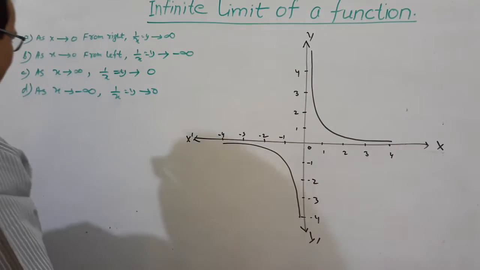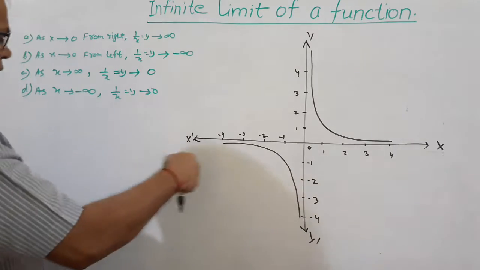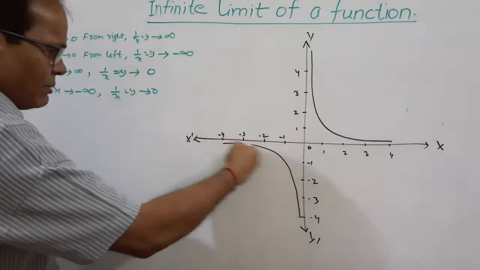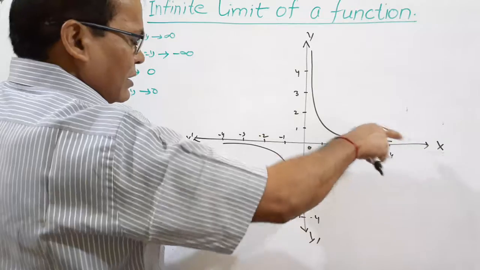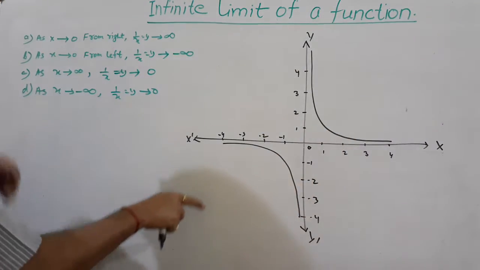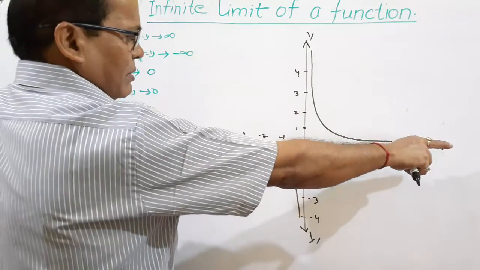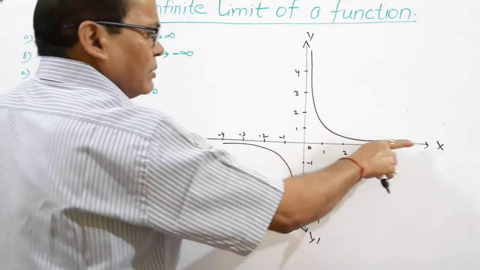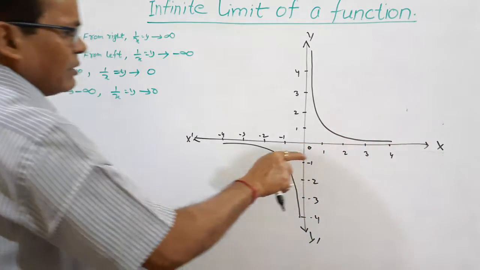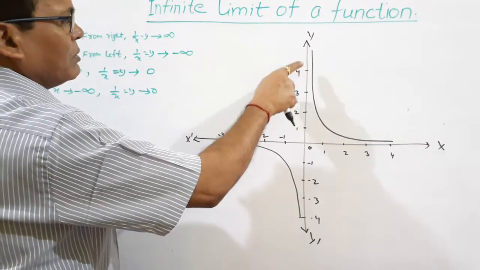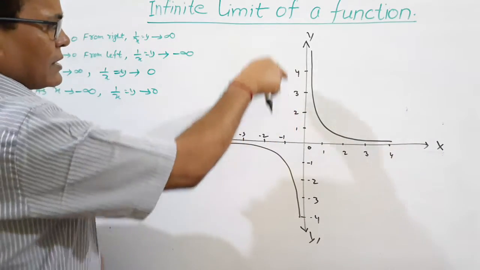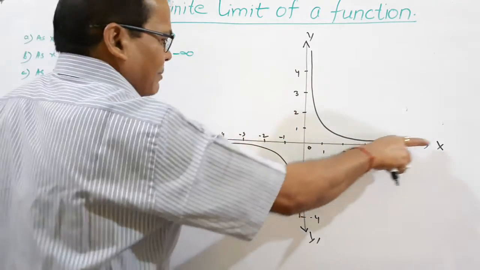Second, now for infinity, from this side and from this side. If x is approaching infinity, then y is approaching 0. See here, suppose we move from the left now.